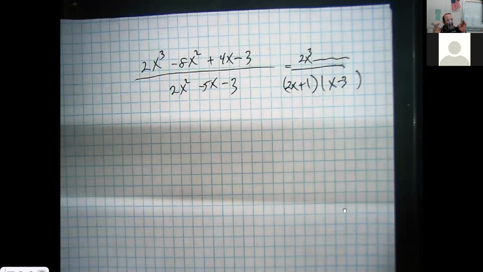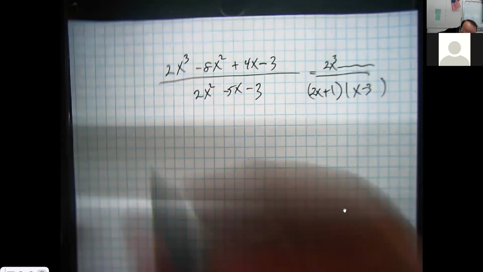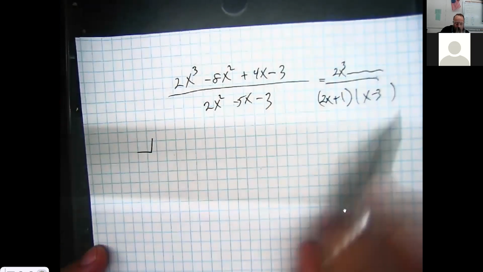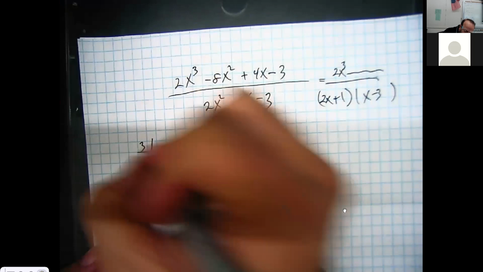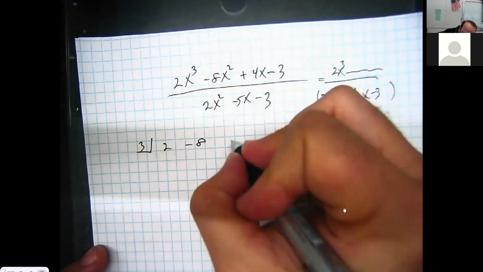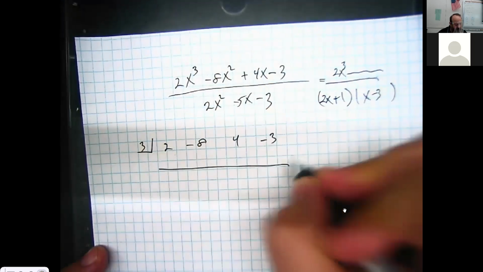What is the thing here that I could very easily divide by? I could divide by 3, couldn't I? Well, that's not too bad. So what goes in the little hole up here on the top? It's just going to be the number 3. And I'm going to go with 2, -8, 4, -3.